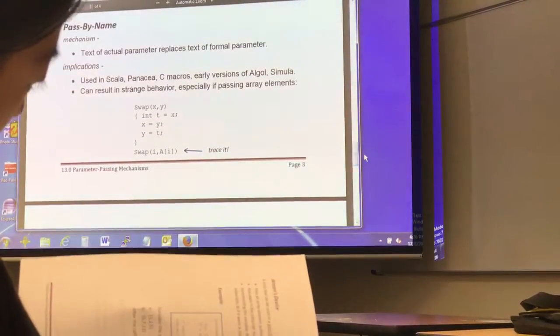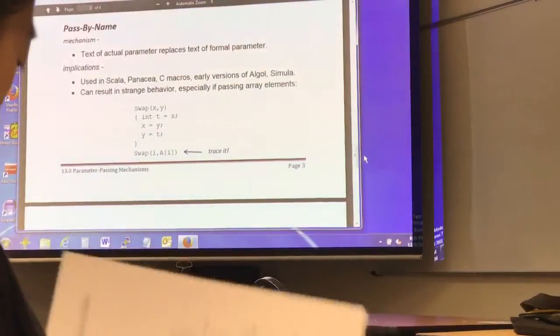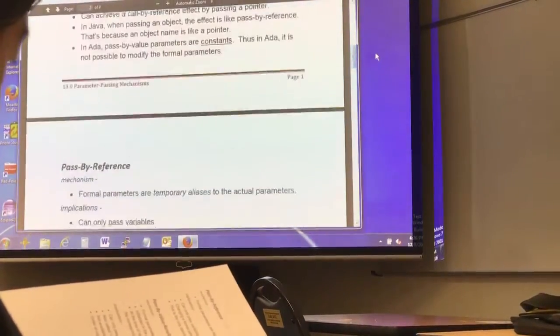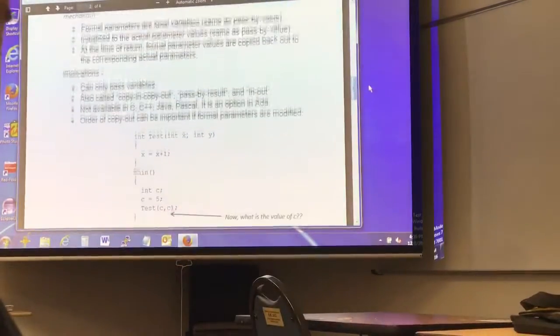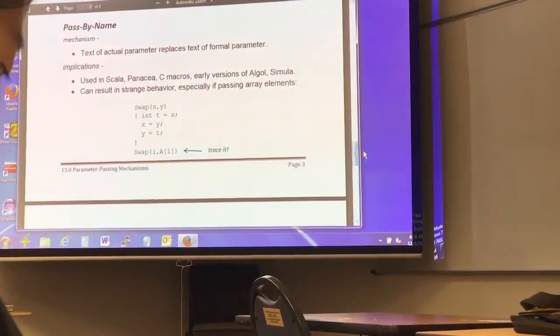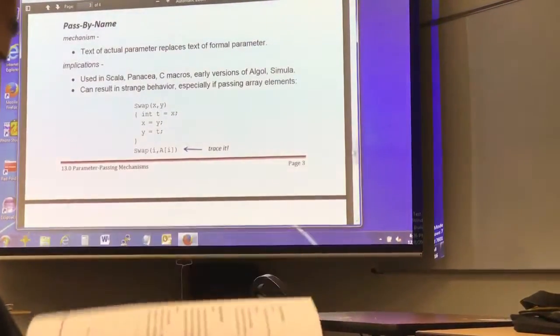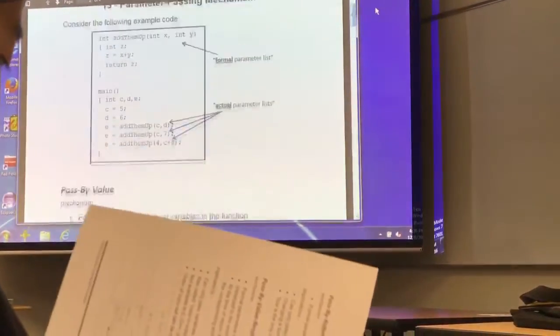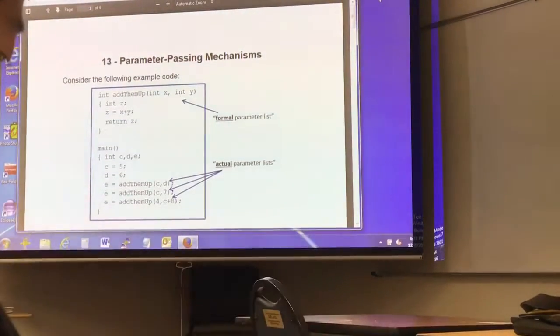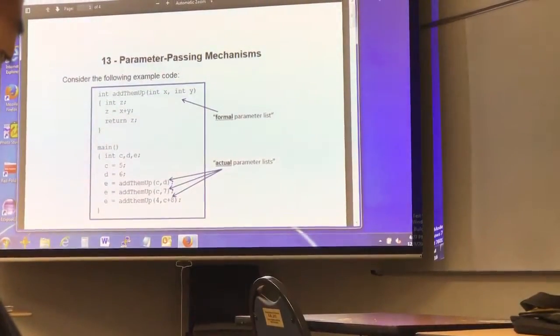In the previous section, which had pretty much exactly the same amount of time that we have left, we got through pass by value, pass by reference, and pass by value result. We did not do pass by name. So I expect it will be the same thing for us. You don't need to know the material on pass by name, but the first three could be on the exam. So we'll cover that now.